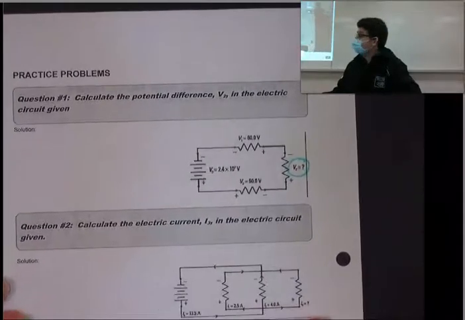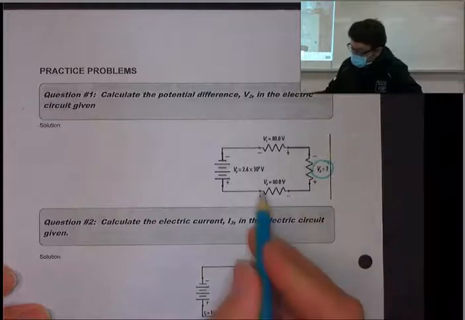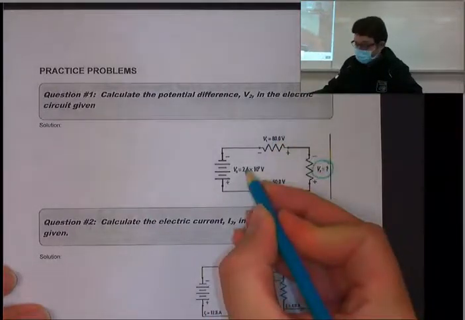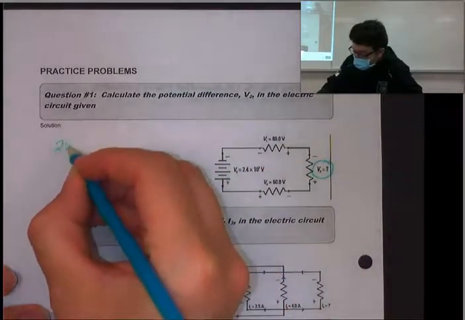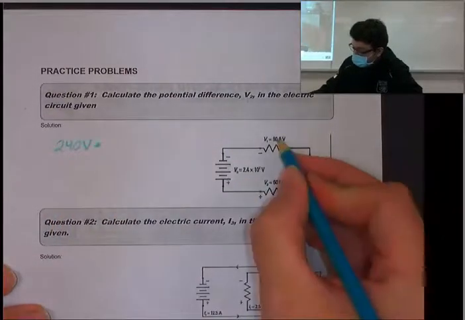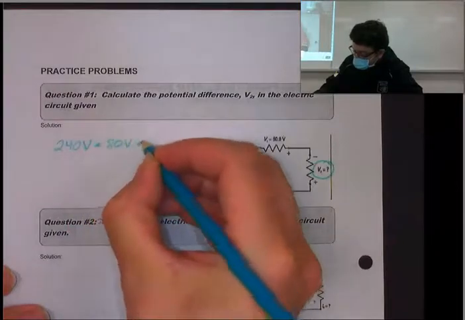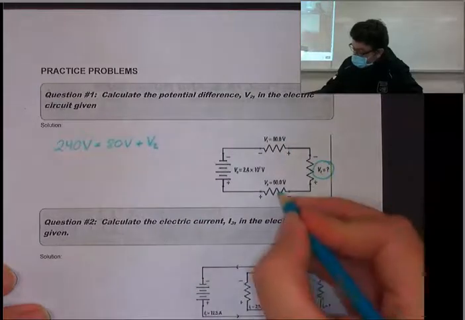Now this is a series circuit, so because it's a series circuit, all of your voltages must add to this one. So this one is 240 volts. So that must be equal to 80 volts plus whatever this is that we're trying to solve for, V2, plus 60 volts.